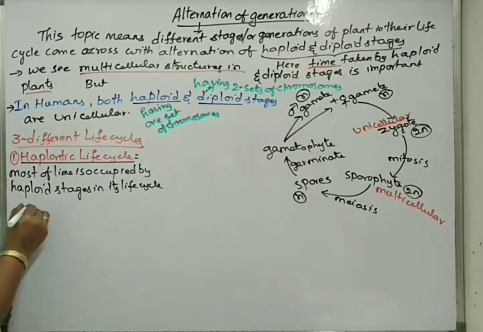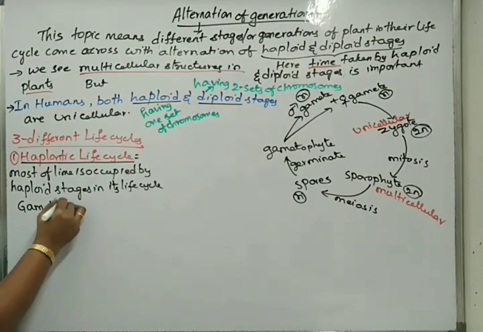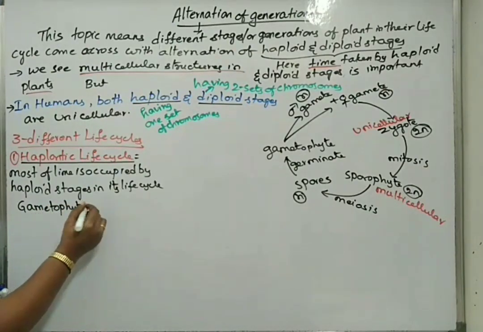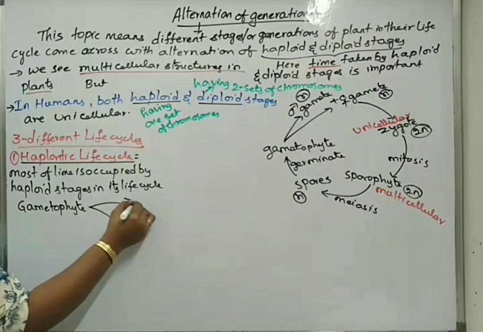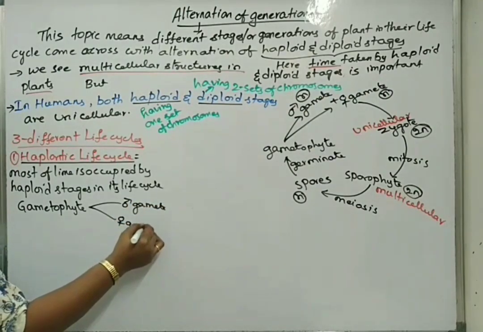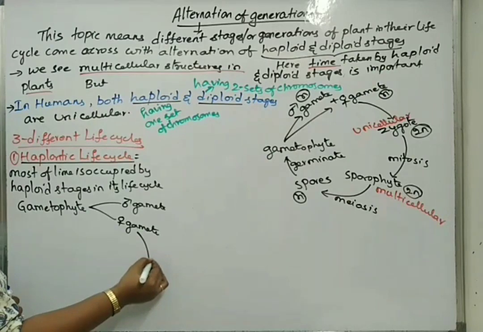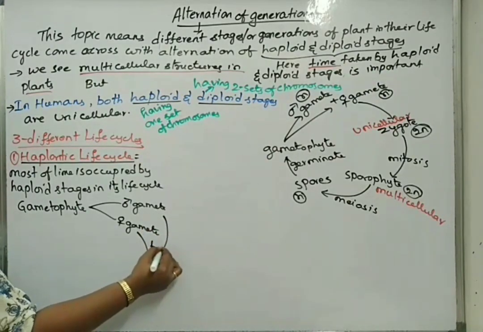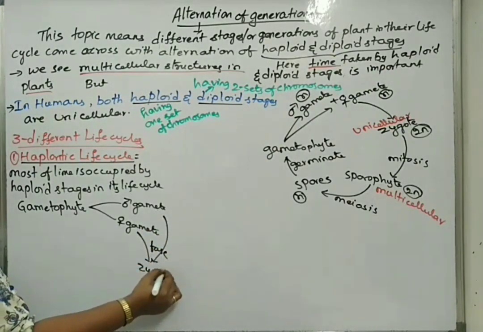Let's start with the plant body. Suppose the plant body is the gametophyte. It produces male and female gametes. Both fuse to give out the zygote.